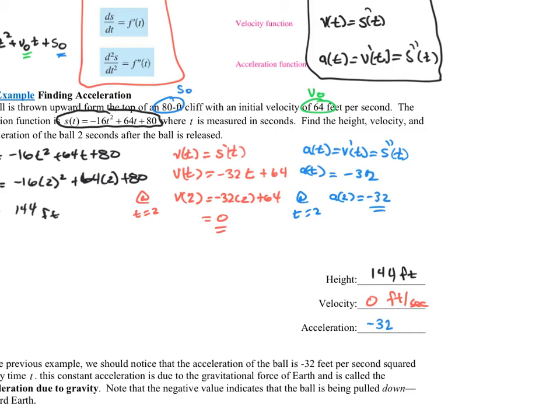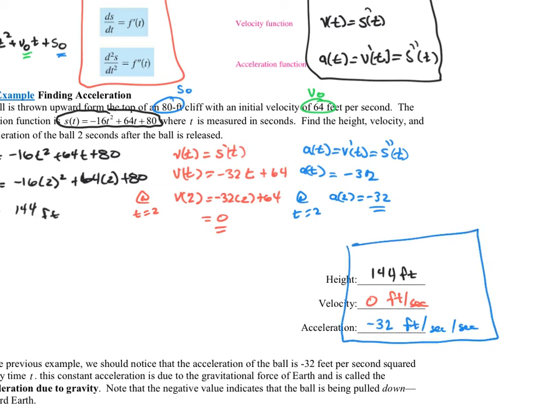How is that measured? Well, it's with respect to the distance measured in feet, the derivative of the position function, which is measured in feet, with respect to time, seconds, with respect to time again, because we did the derivative twice. So this is per second per second. So that is your unit of measurement for acceleration: feet per second per second.